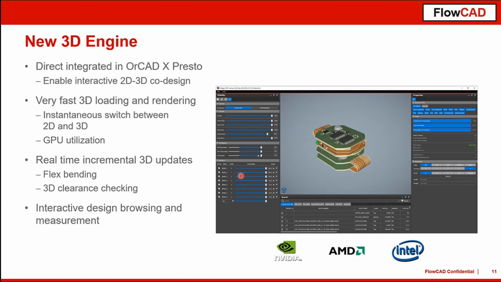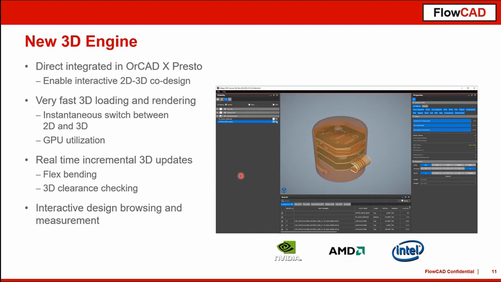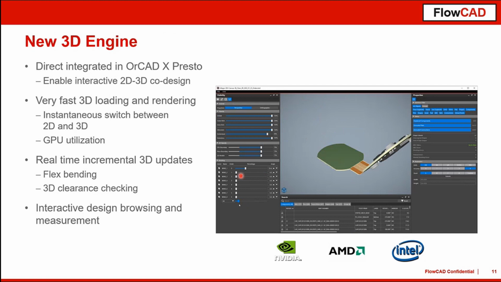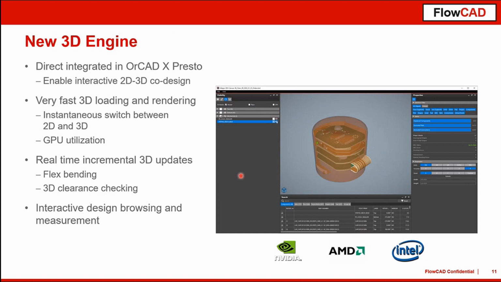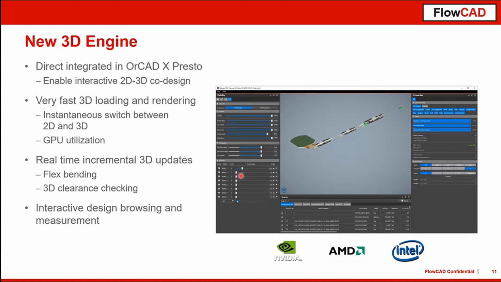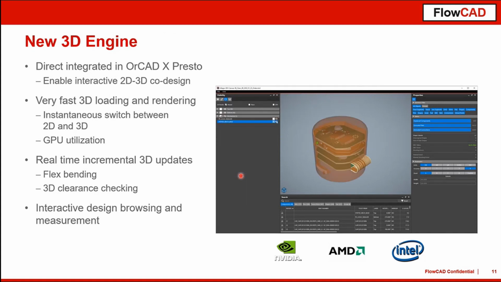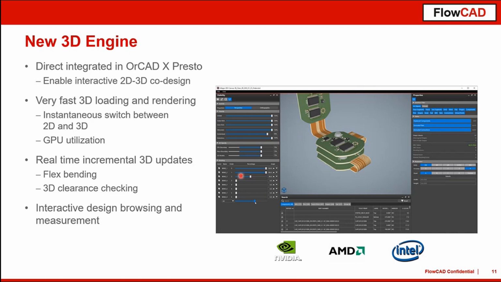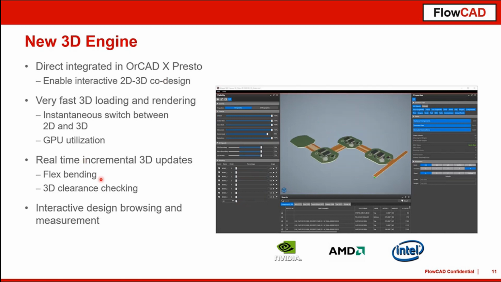So no need to go into an external tool like before with the old PCB editor, where the 3D canvas was a completely different UI. Everything is now integrated, and you can switch instantaneously between 2D and 3D. It's really very, very fast to render, and it's also really fast when you do things like bending or similar operations.